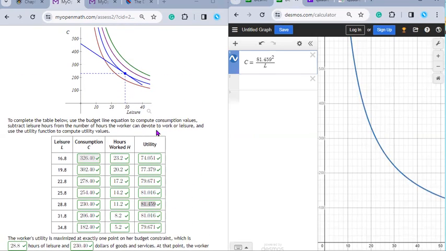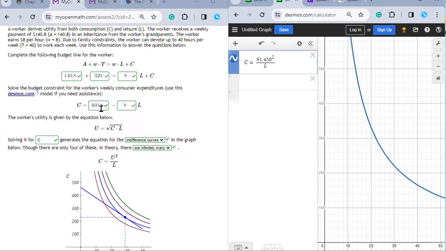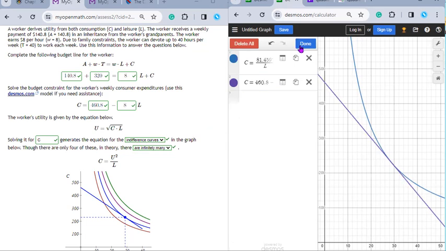Now let me graph the budget line in here. The budget line is C equal to 460.8 minus 8 times L. And again, I'll change that to blue to match the graph over here. And I'm going to add a point.